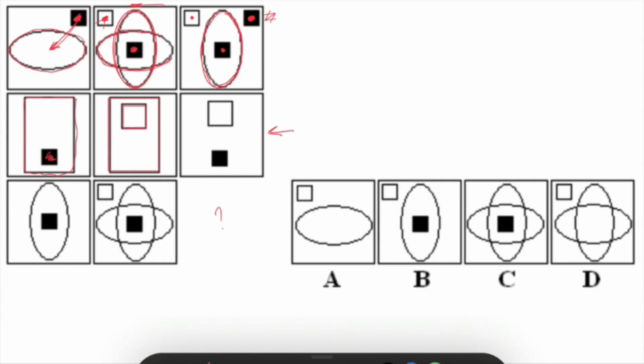Then we eliminated the big rectangle, and we added the box. So can we have something regular here? Yes, we have the big rectangle. We kept it, then we eliminated it.